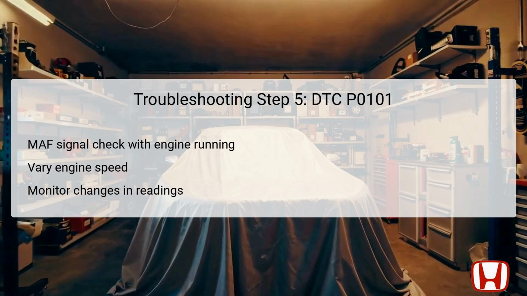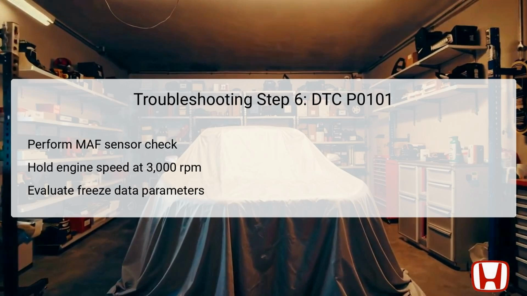A functioning MAF sensor should show a change in the readings as the engine speed varies, with values reflecting the increasing airflow. If the readings do not change, this could indicate a faulty MAF sensor or IAT sensor, necessitating their replacement. If readings increase appropriately, you can continue to the next step in the troubleshooting process.